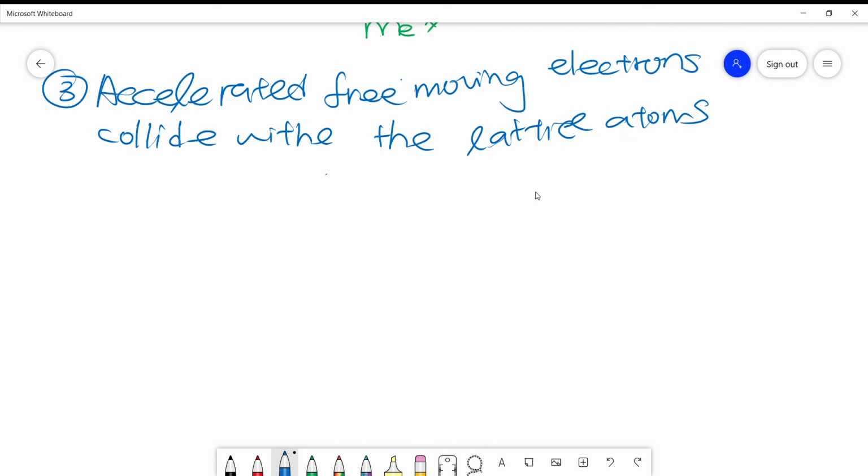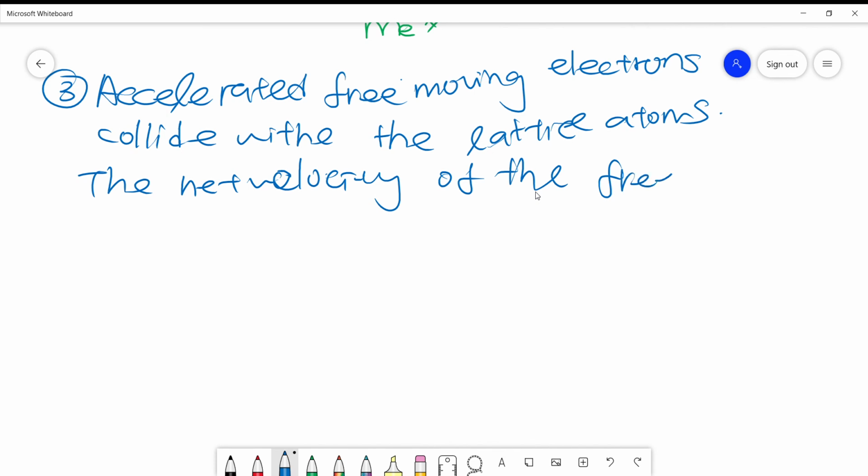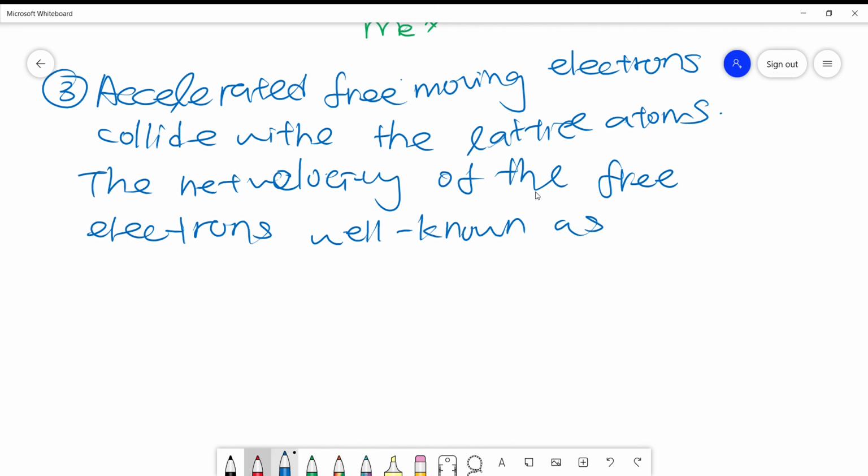So accelerated free moving electrons collide with the lattice atoms. Then we go directly into the net velocity. So the net velocity of the free electrons is well known as the drift velocity.